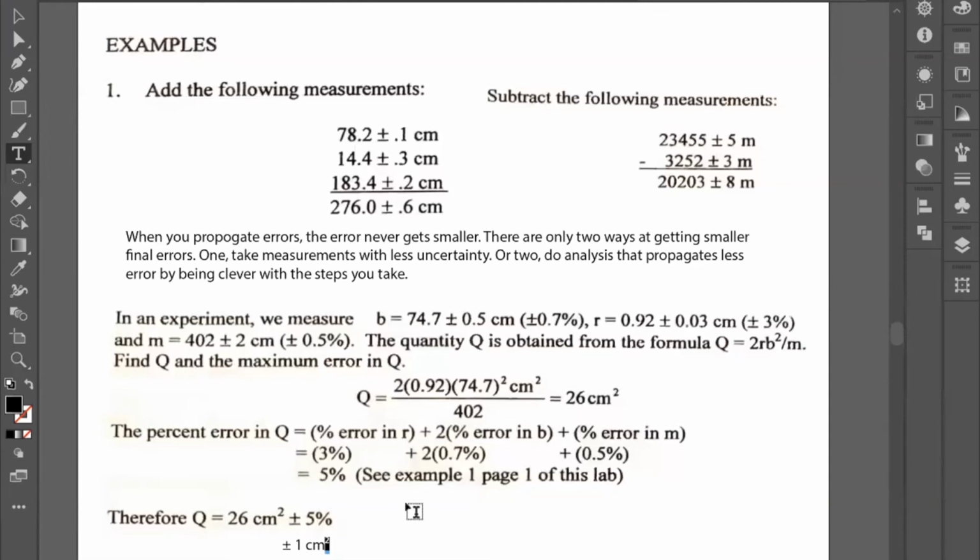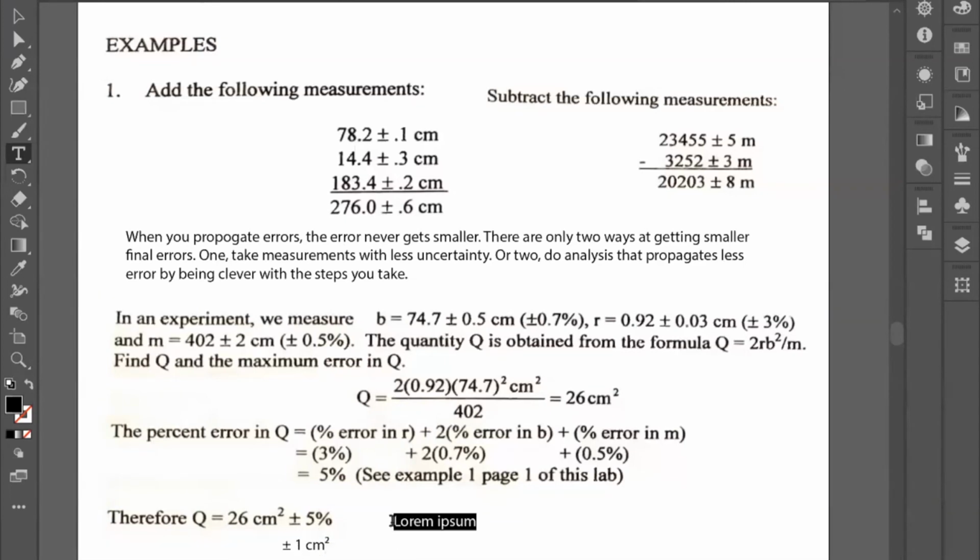Did you say 26 times 0.5? Sorry, what? Right now, when you were calculating q equals 26 centimeters squared plus or minus 5%, you said that it was 26 times 0.5, correct? Yeah, I get this back right here. So I'll show you here.